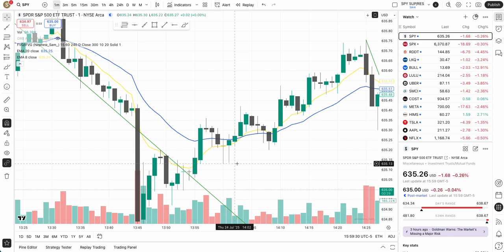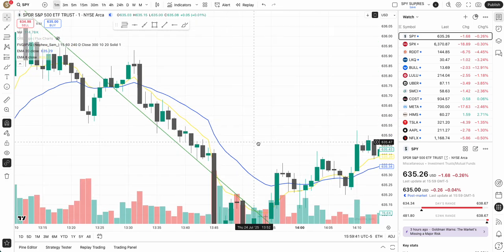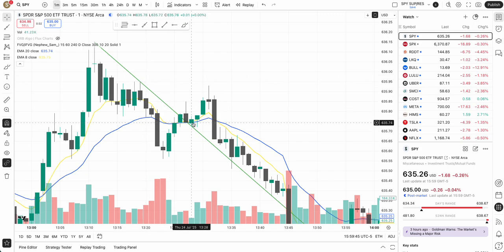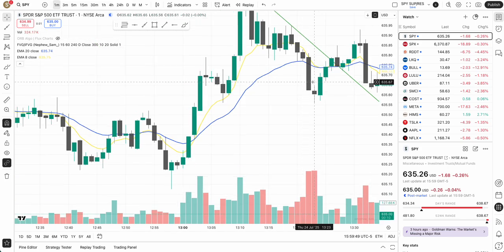It'll be interesting to see how it works live, as you can get little crosses that are fake outs. That's why I said use the trend lines too. Don't use only the EMAs for entries. Combine it with the uptrend line, or the trend lines, because the cross here happens down over.